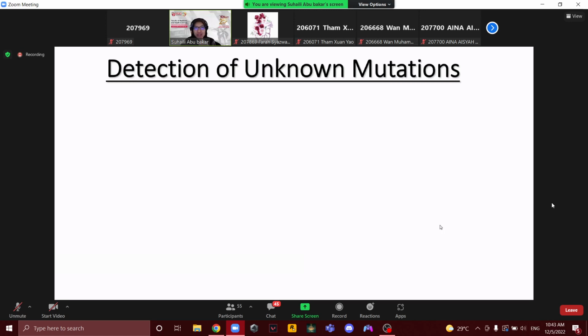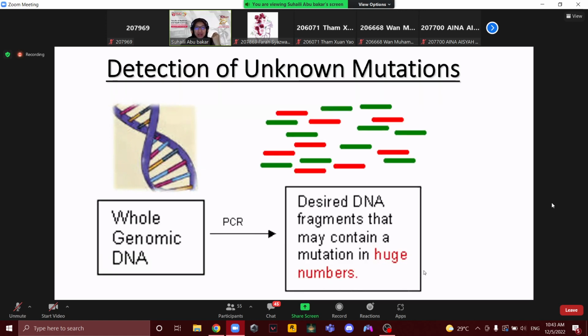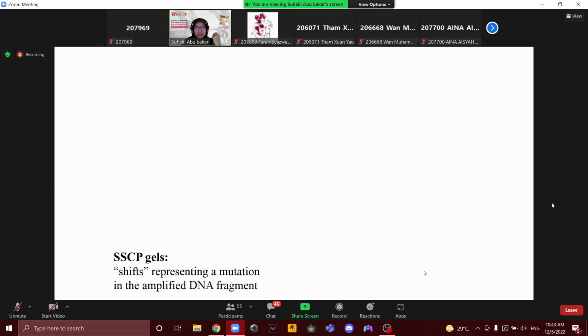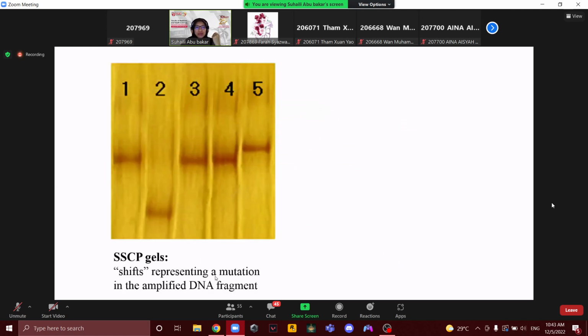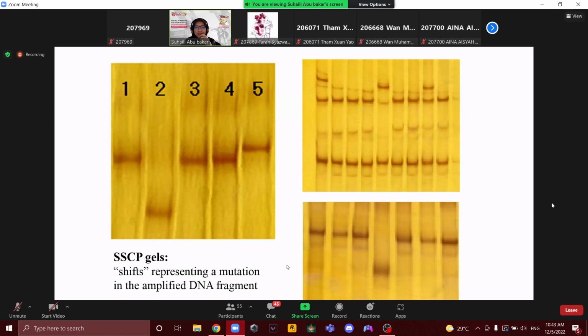Detection of unknown mutation, we do not know what mutation. So this is your whole genomic DNA, and then do PCR. SSCP, single stranded.